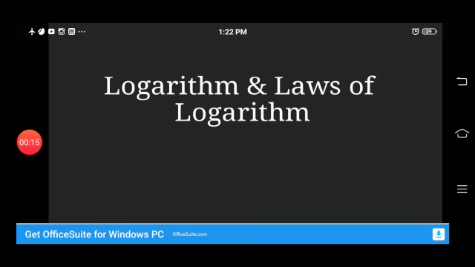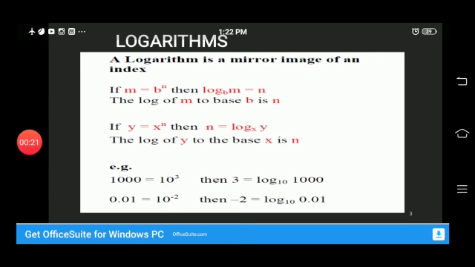In this lecture, we will discuss the logarithm and the laws of logarithm. Logarithm is the mirror image of an index. Look, if m is equal to b raised to power n, then log of m to base b is equal to n.